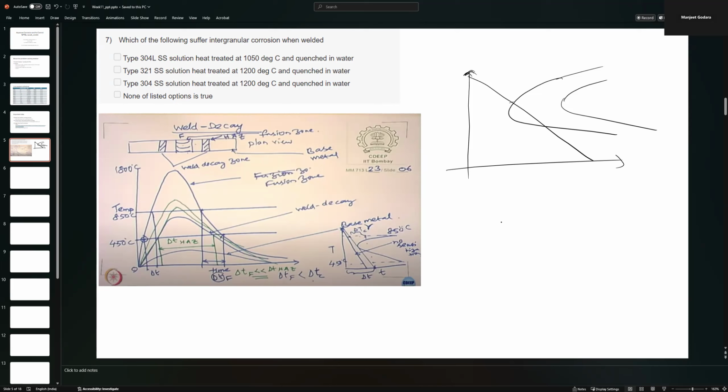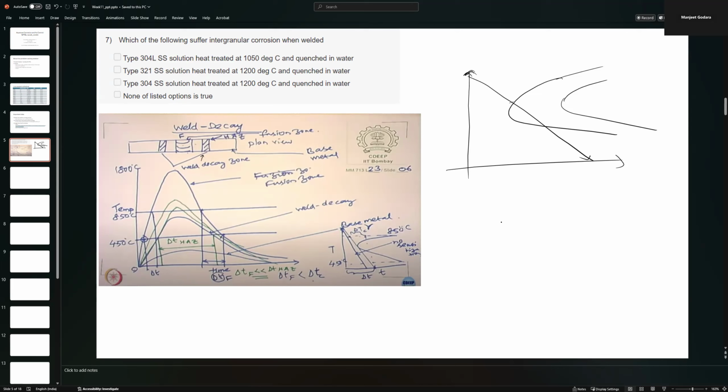So that's what happens in the heat affected zone, right? They haven't explicitly mentioned whether it will cross this zone or not.